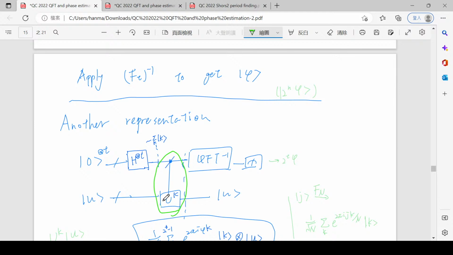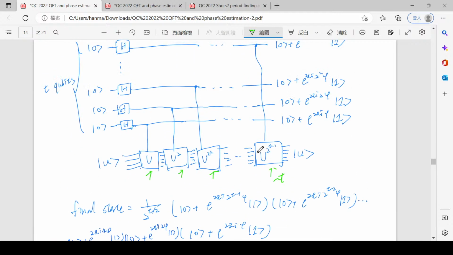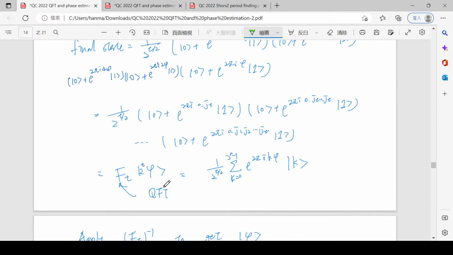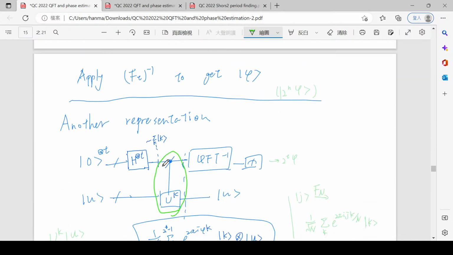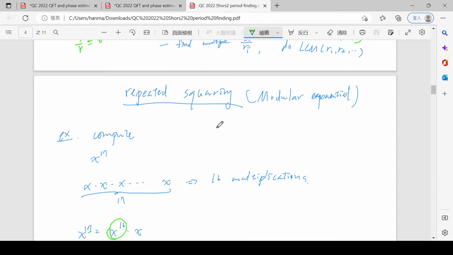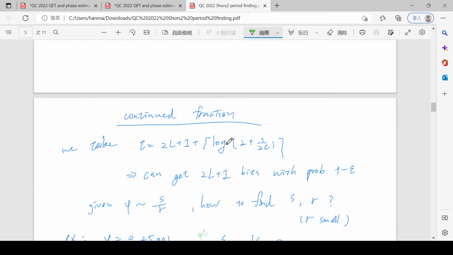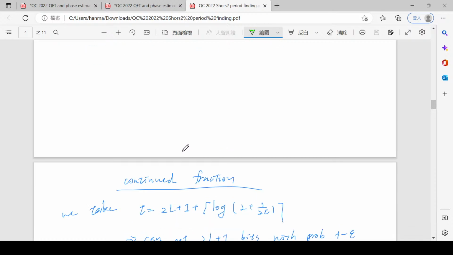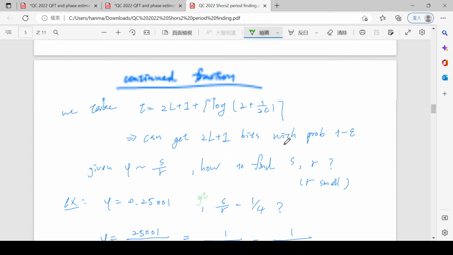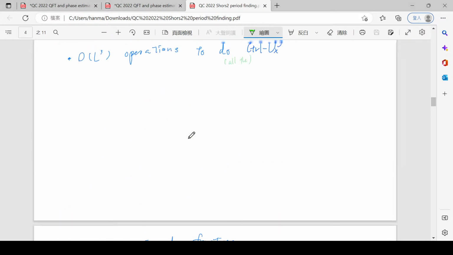If your unitary is given more like a black box, where you don't have this repeated squaring structure to get this very quick, then doing phase estimation will be much slower, because you want to get this control U to the k, then you probably need to just do U k times. But here we have this structure that lets you do repeated squaring, and it can be very fast.